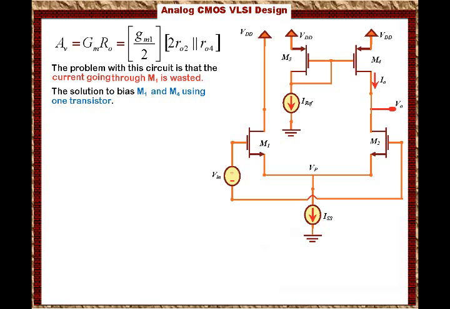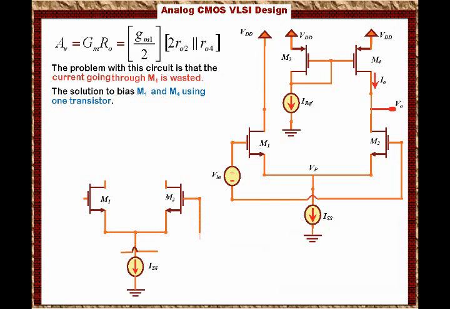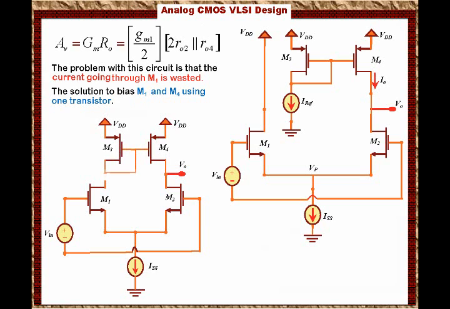Here are the differential transistors M1 and M2, which are biased through ISS, and they have Vn. Now when we go to the load, here is M4, but M4 is biased using M3, and M3 has the same current as M1. This is a little bit clever because now we do not waste the current going through M1.